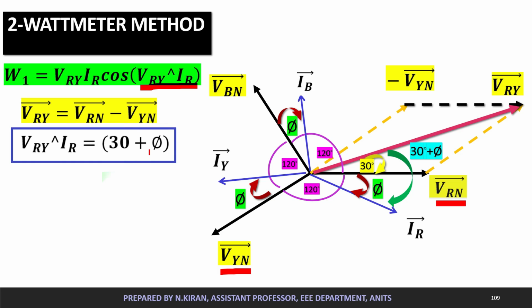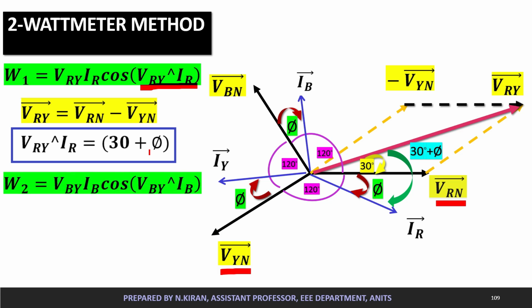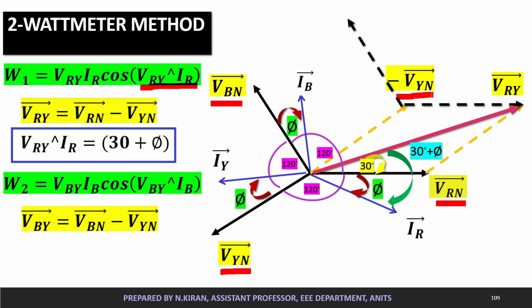Similarly, from the second wattmeter reading, W2 is VBY by IB cos of the angle between them. VBY can be written as VBN minus VYN. I already have both the vectors, that is VBN and minus VYN. Finding the resultant of these two phasors will give me the phasor VBY.